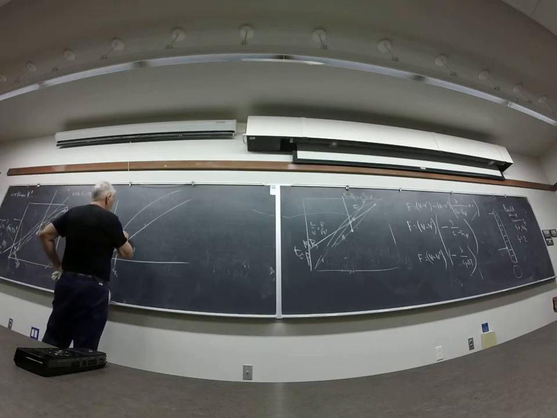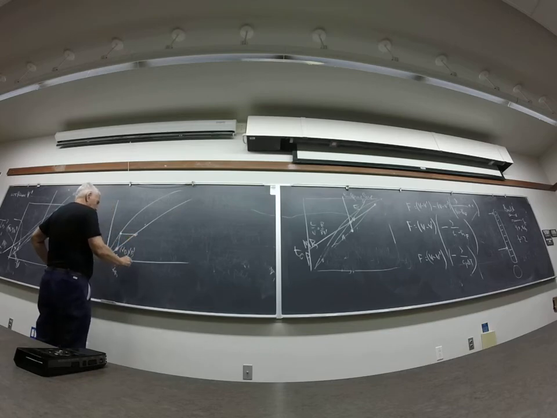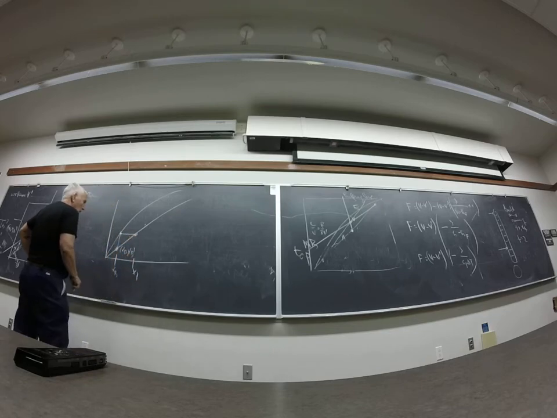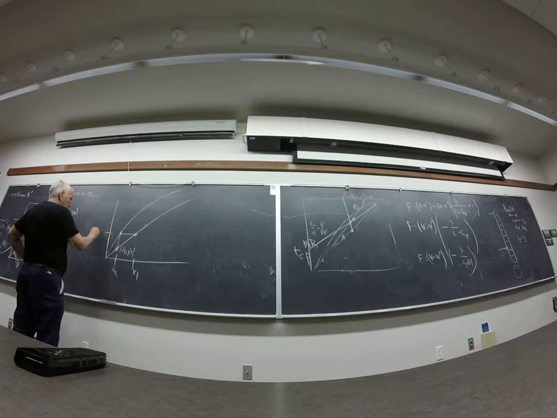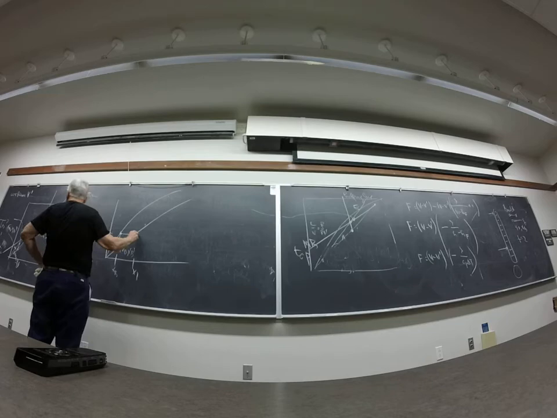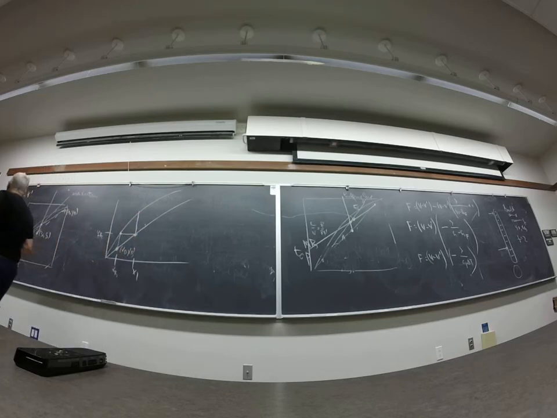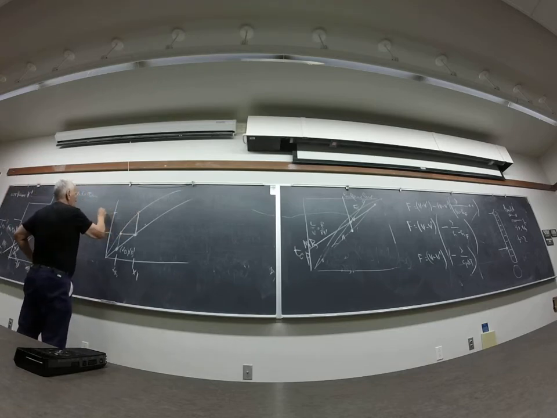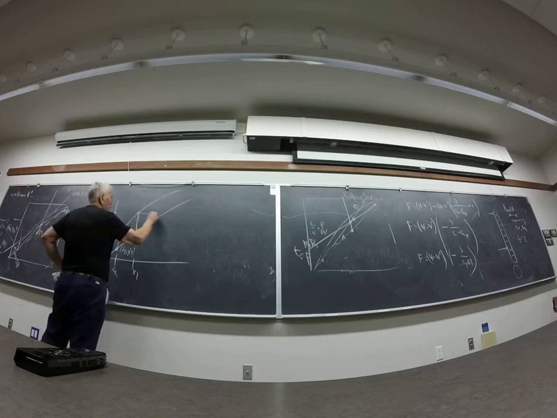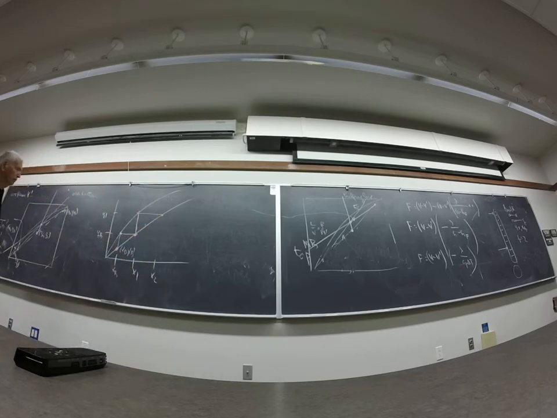Then I make my material balance, and now I have a point whose coordinate is X1. This was a point whose coordinate was YB. So this is X1 coming off plate 1. This is then Y1 coming off plate 1. So this would be Y1, and this would be X2, and so on.